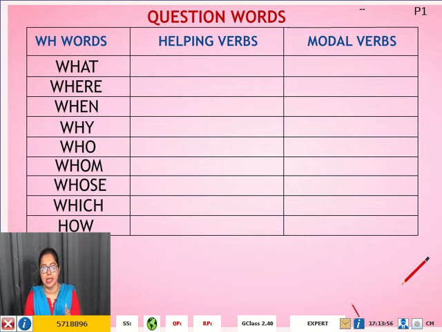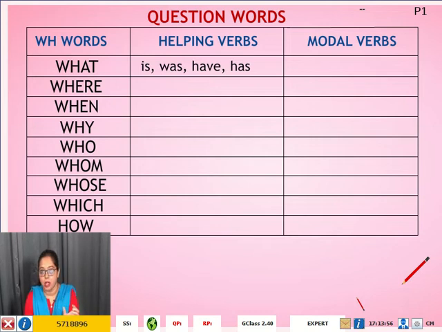So now we will see with the word what, what kind of helping verbs are used. Just have a look at the screen. With what we will use the helping verbs, which we even call be verbs. We'll use is, was, have, has. Once again, with the word what, let me give you an example: what is your name?